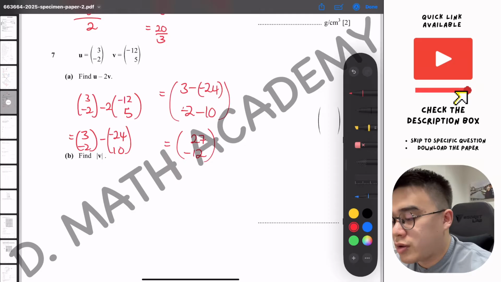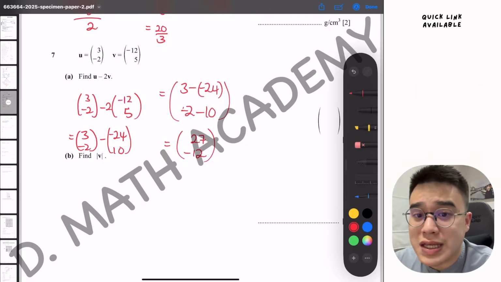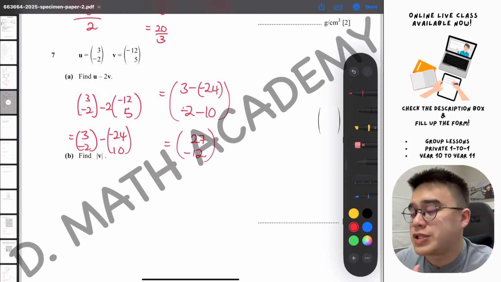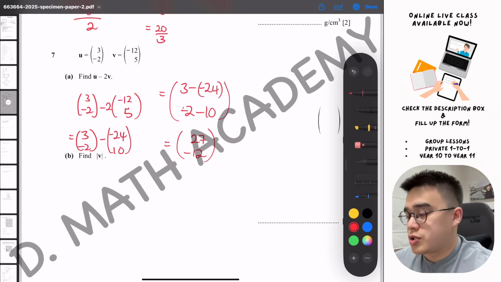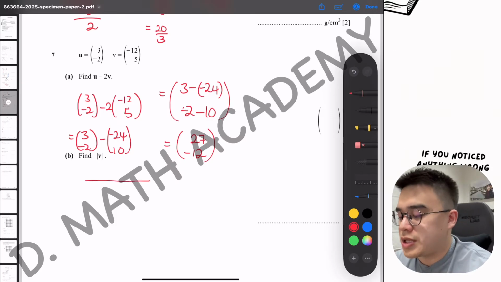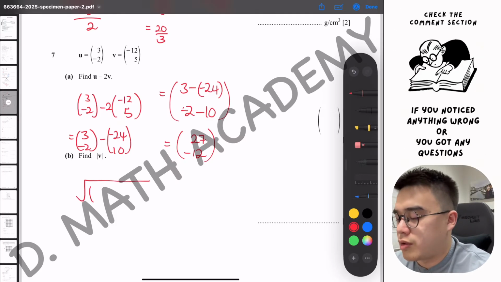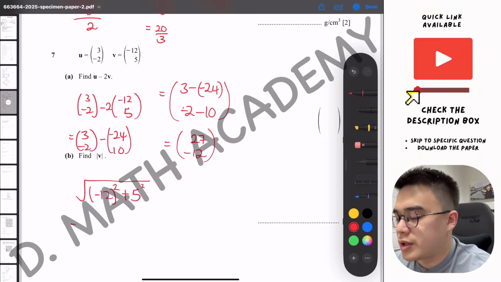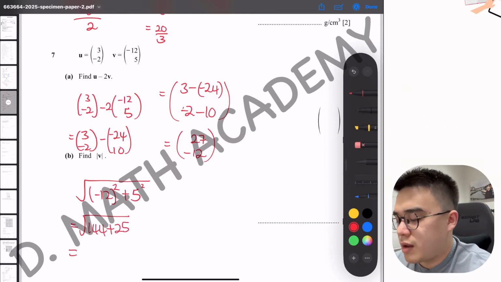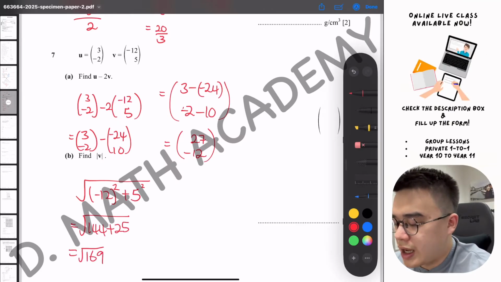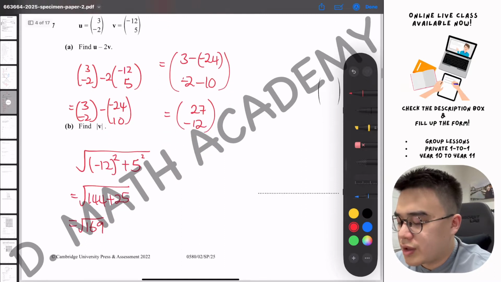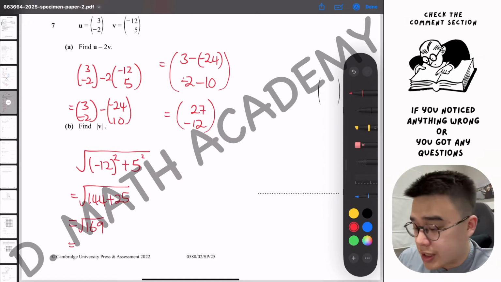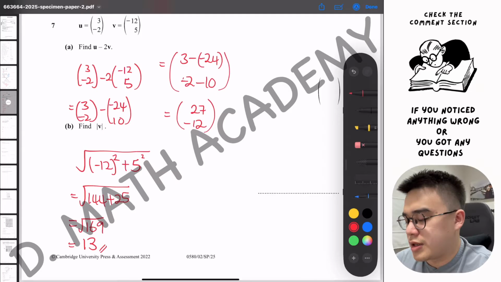Okay, moving on to question B. Modulus in vector basically represents magnitude. So all you need to do is use your basic Pythagoras theorem where you have negative 12 being squared and another 5 squared. So it's 144 plus 25, making it 169. 169, if you did memorize the list, you actually get it as 13.